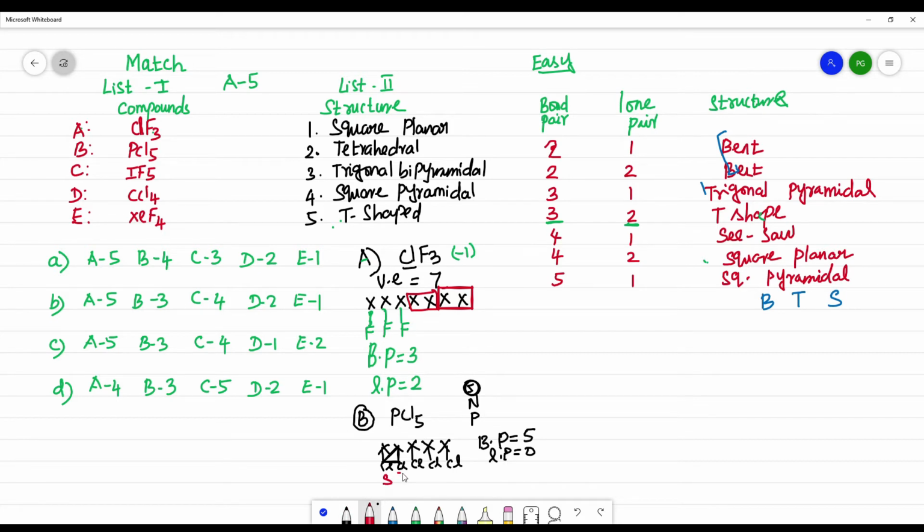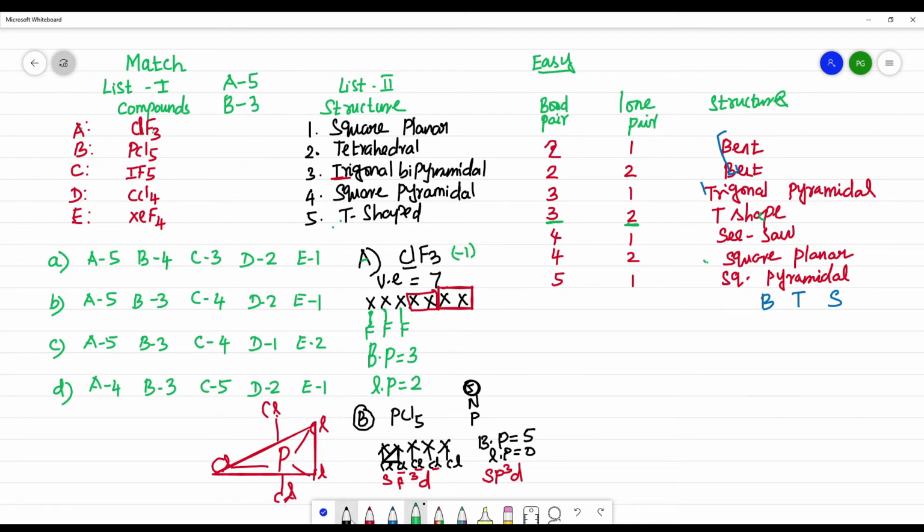It is s, p1, p2, p3 and it is d. So the hybridization is sp3d. If the hybridization is sp3d, what is the structure? P has 5 Cl surrounding. So the structure is trigonal bipyramidal. So B is trigonal bipyramidal, which matches with option 3.